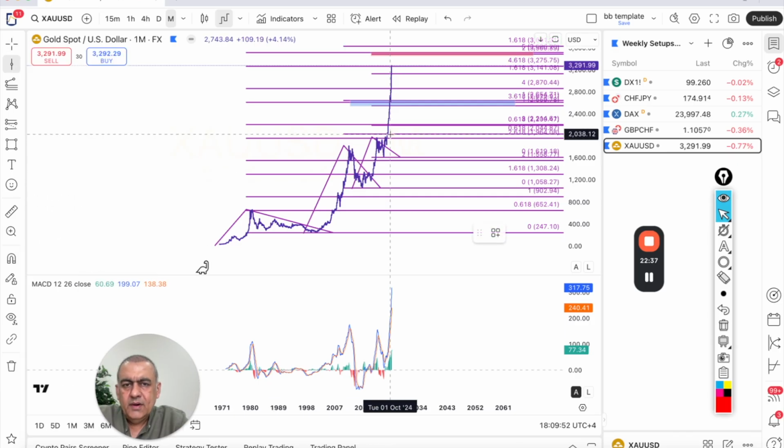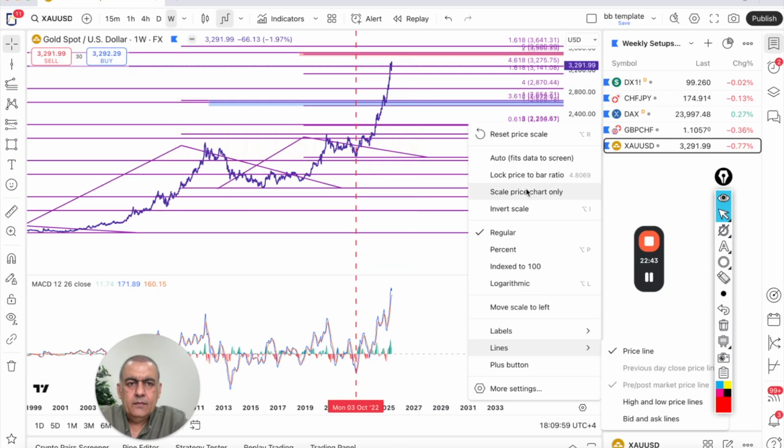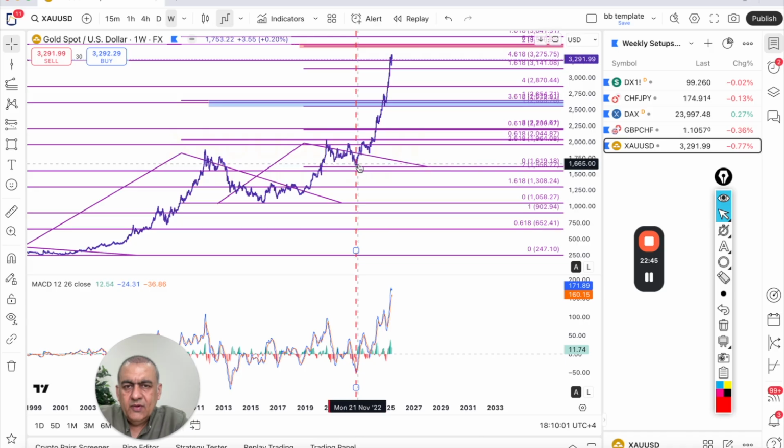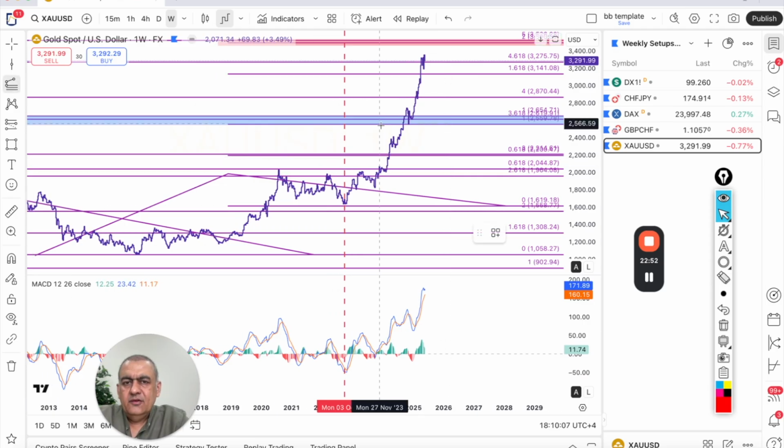Now I'll move the vertical line to the last C point and shift to weekly. So starting from the weekly vertical line, I'm gonna highlight my first extension. So first ABC in the bullish direction applied.